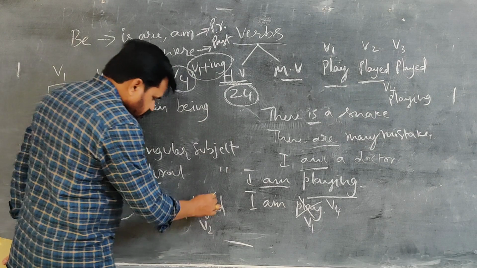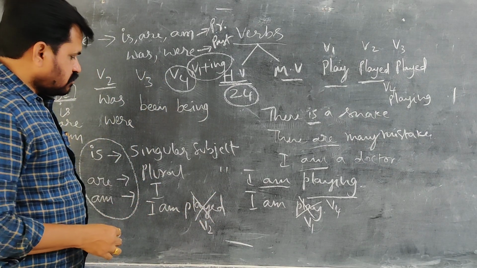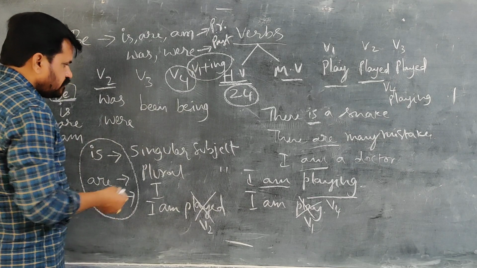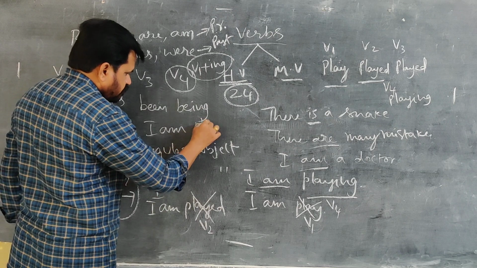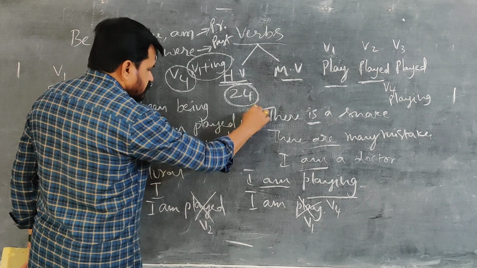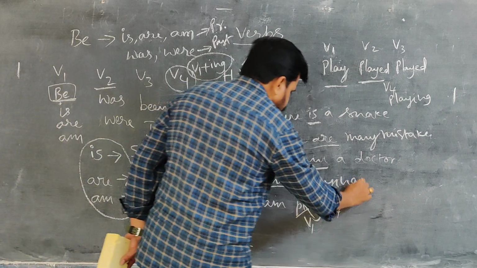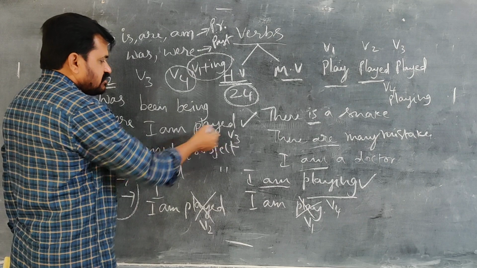This is also not possible as per grammar rules. Whenever you use 'I am played', if it is V3, then it is okay. So after am, V3 is also okay.